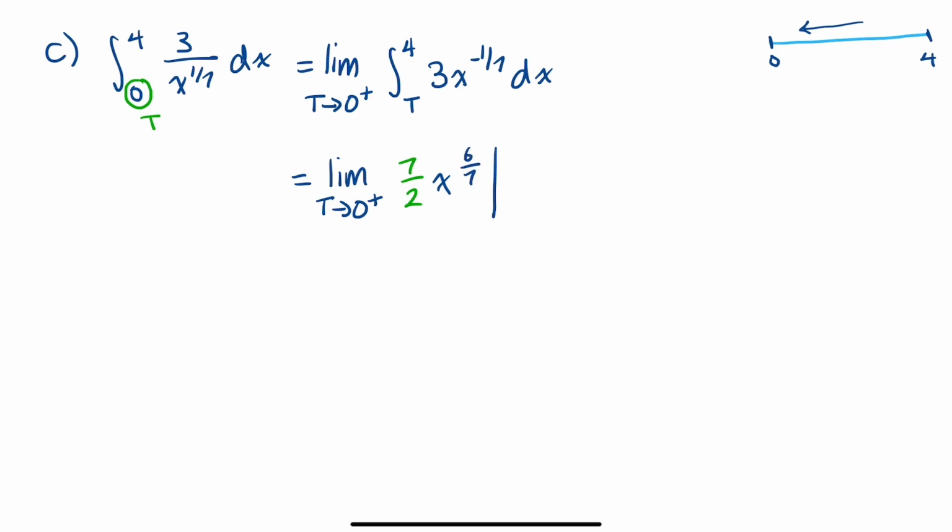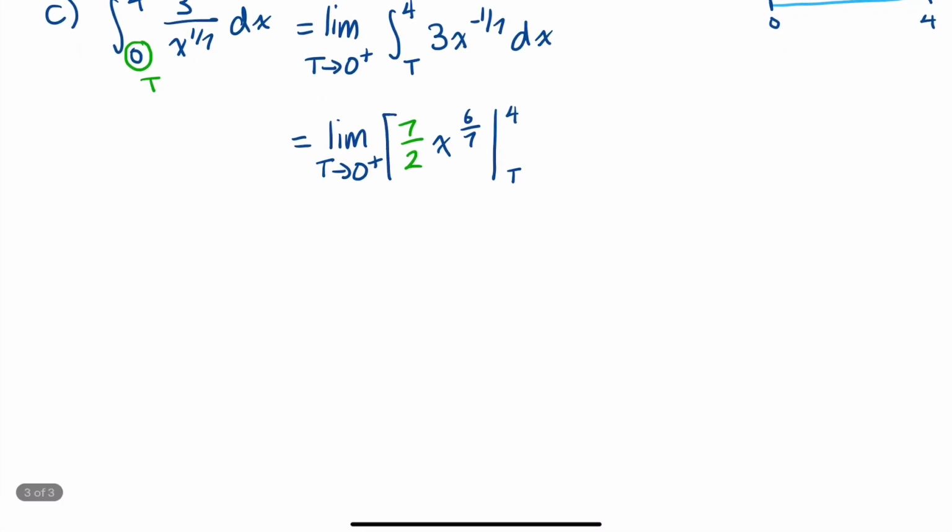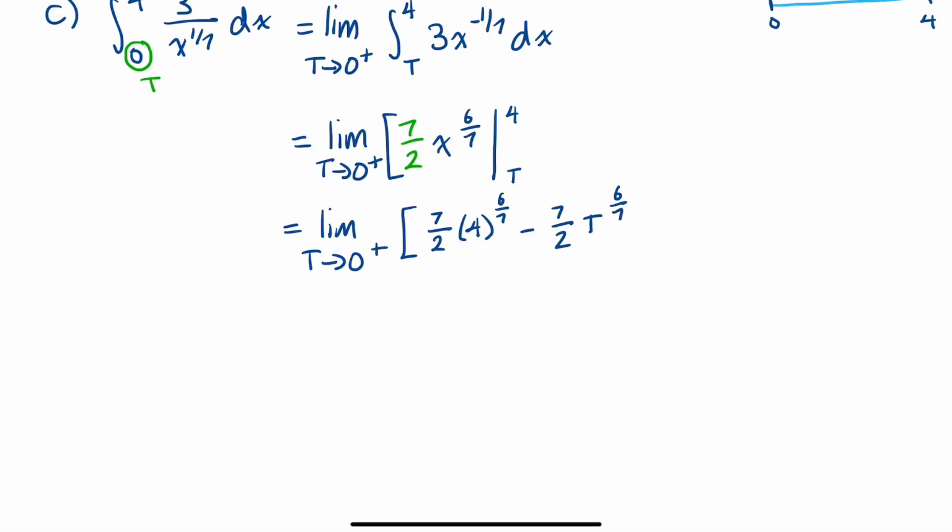In this case, it will be evaluated between t and 4. So let's go ahead and do that. This is equal to the limit as t approaches 0 from the right of 7 over 2 multiplied by 4 to the power of 6 over 7 minus 7 over 2 multiplied by t to the 6 over 7.